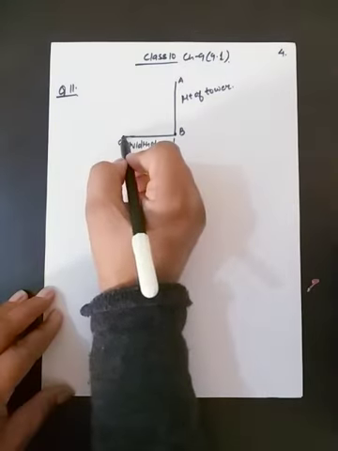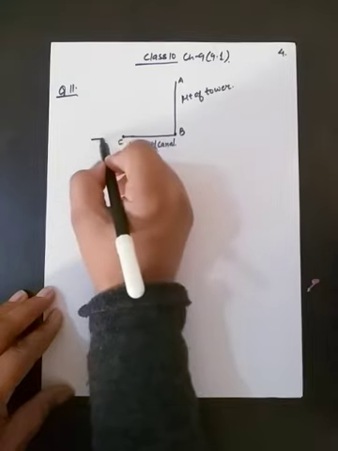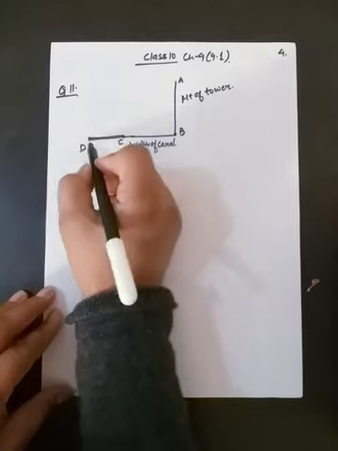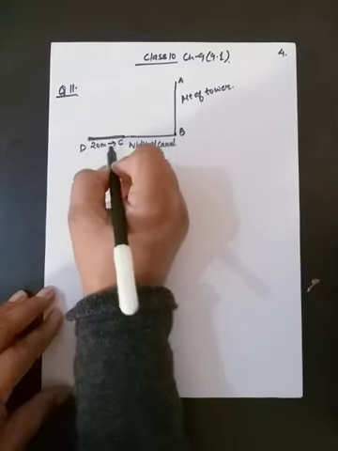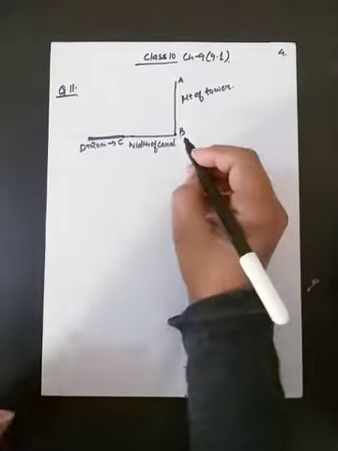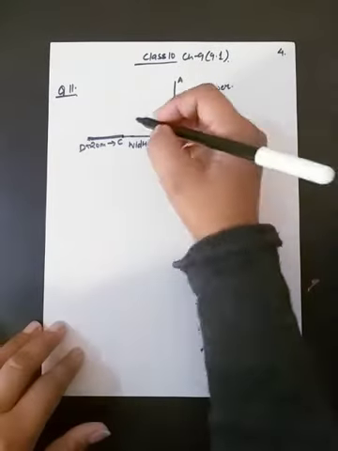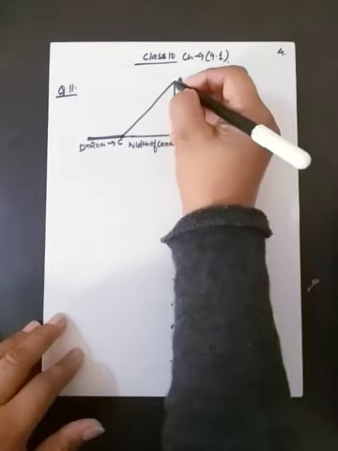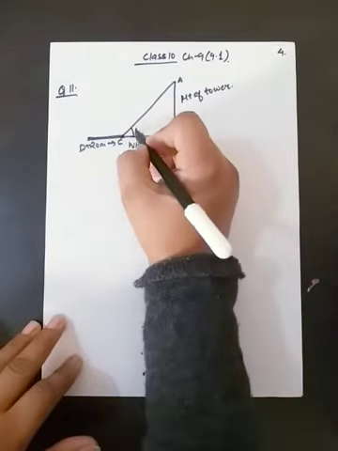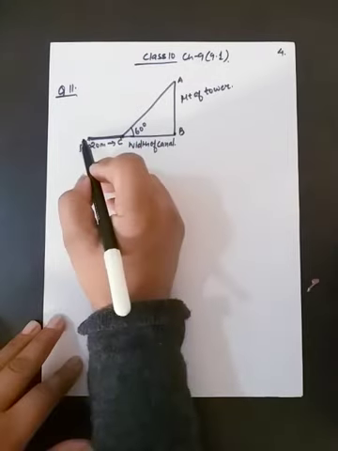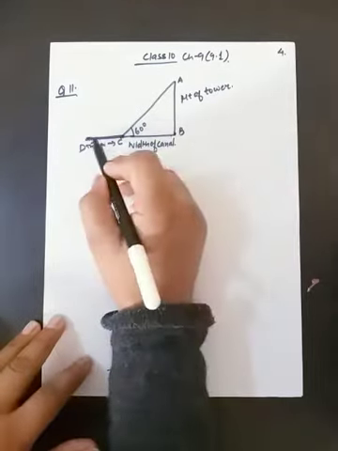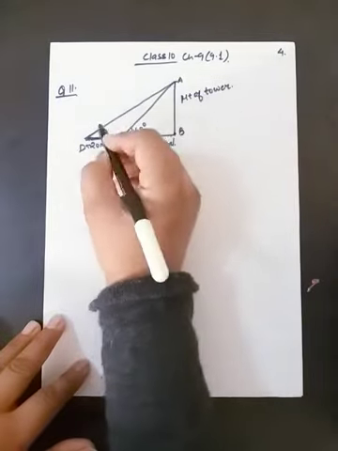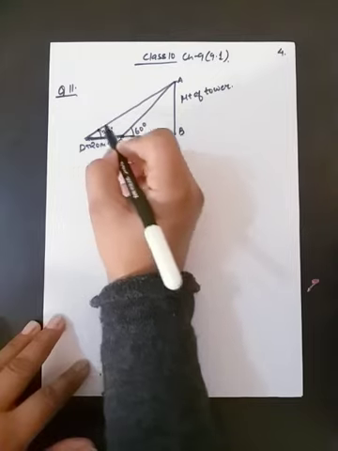And there is a point which is 20 meter away from C. So let us take this point as D, and this distance is given to us, 20 meter. The angle of elevation from the first point, meaning from point C, for the top of the tower is given to us, that is 60 degree. Now point D is far away from the tower, so its angle will be smaller than the previous one. Now the angle is 30 degree.